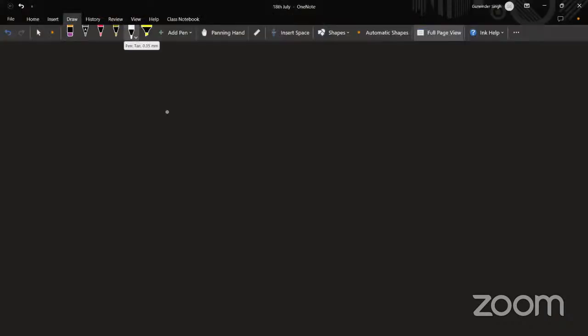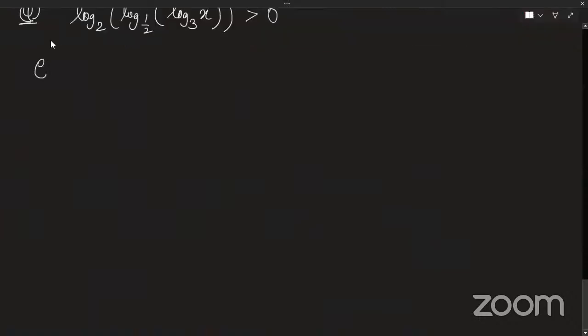Have you learnt about this number e? It is very useful. Have you learnt about this number e in mathematics? So I will just tell you about this number.